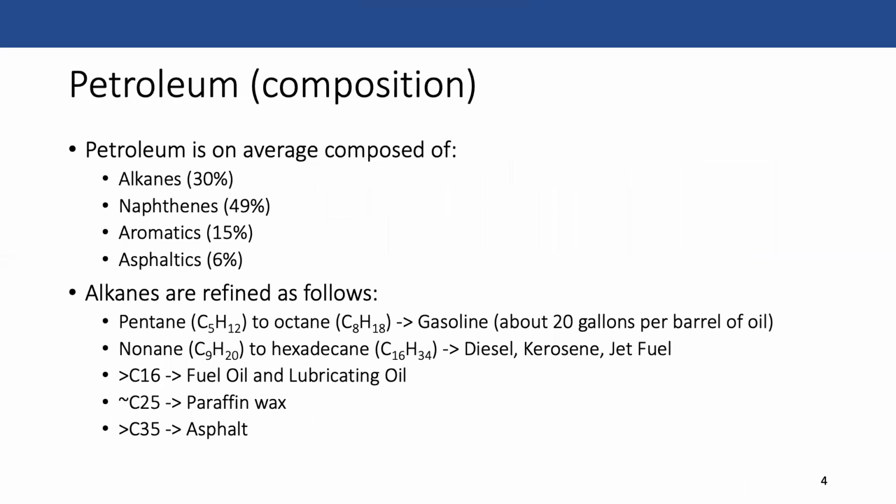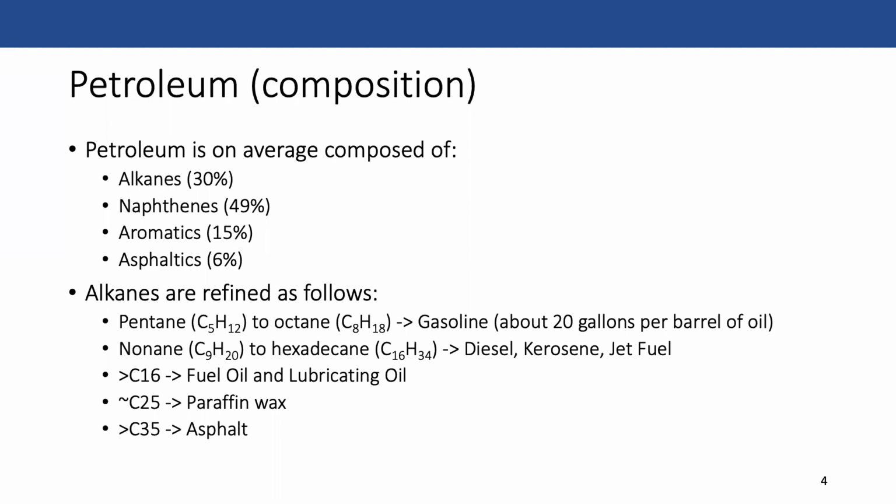Okay, so crude oil or petroleum is similar to when we were talking about coal, which has a variety of different chemical compositions. Crude oil itself is not a homogeneous sort of liquid. It contains a whole bunch of different sorts of hydrocarbons. This is a rough breakdown on average, but of course there are different types of crude oil, which we'll talk a little bit about qualitatively later.